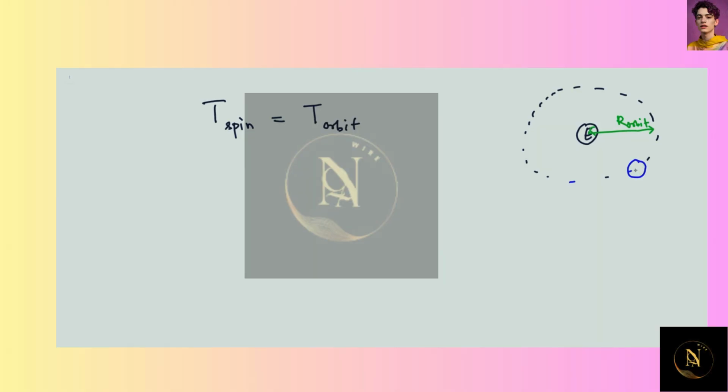So let's say this is the Moon and this is the axis of rotation of the Moon. And the radius of the Moon, let's say that is r of the Moon.